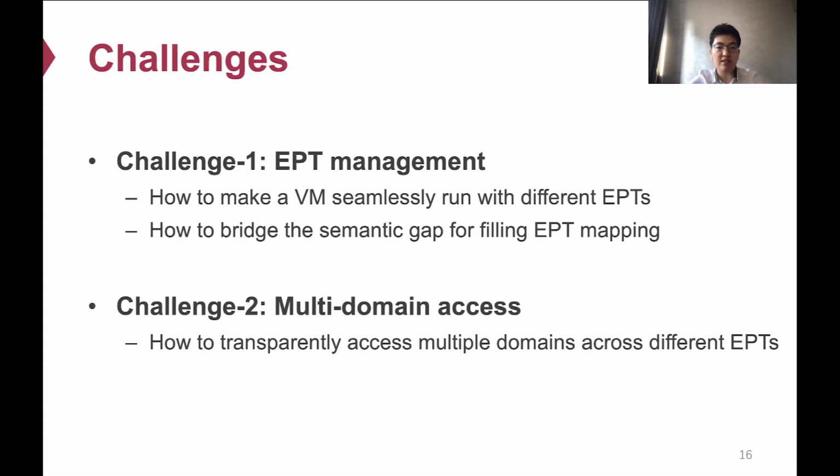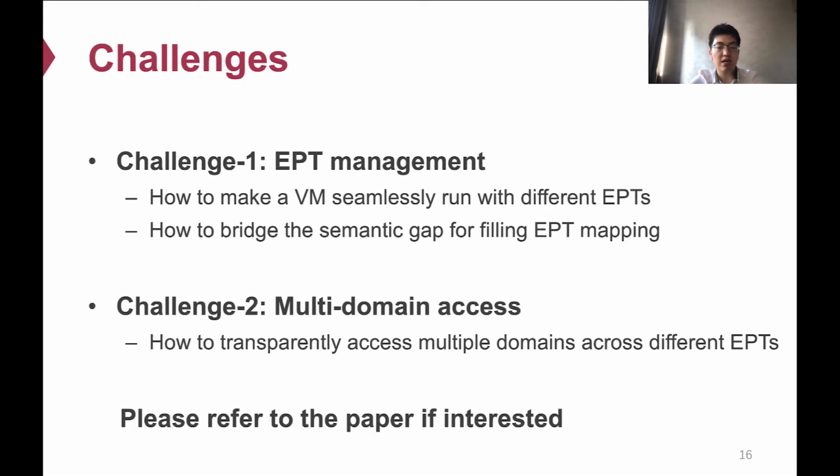Second, given that MPK allows one thread to access multiple domains simultaneously, how to support such a flexible feature when multiple EPTs are in use? Due to the time limitation, please refer to our paper for detailed designs if interested.